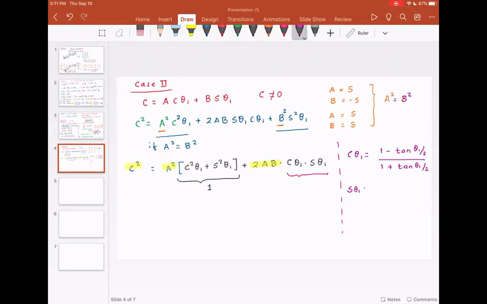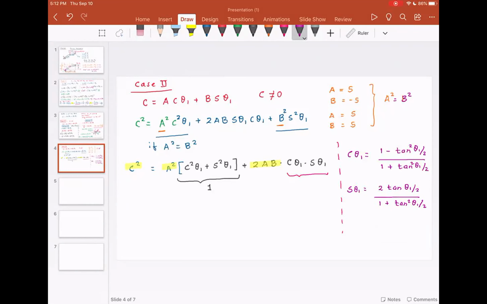Sine theta 1 is equal to 2 tan theta 1 by 2 divided by 1 plus tan square theta 1 by 2.